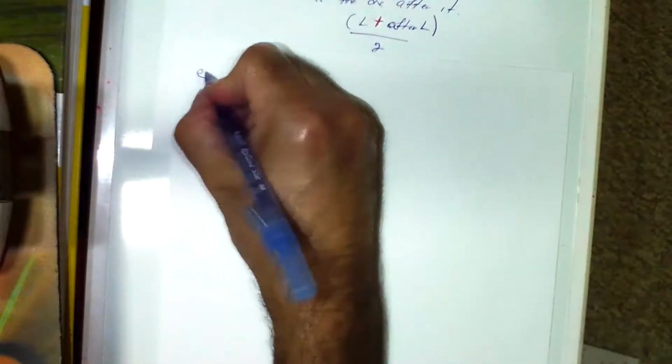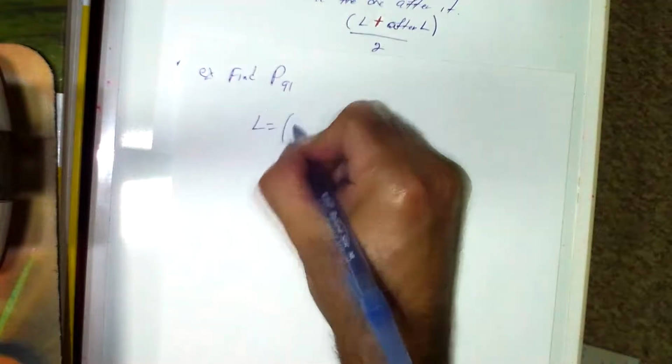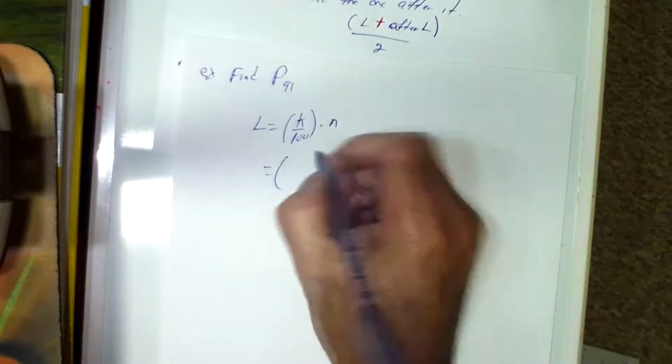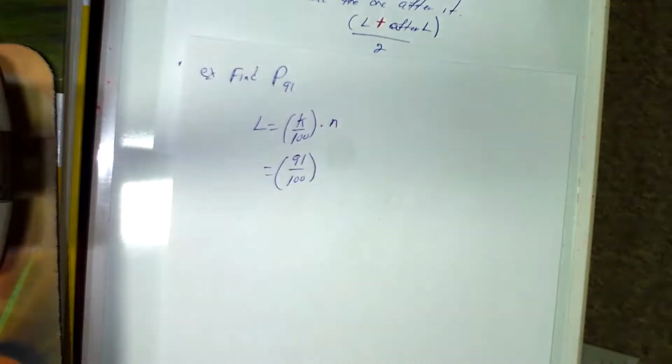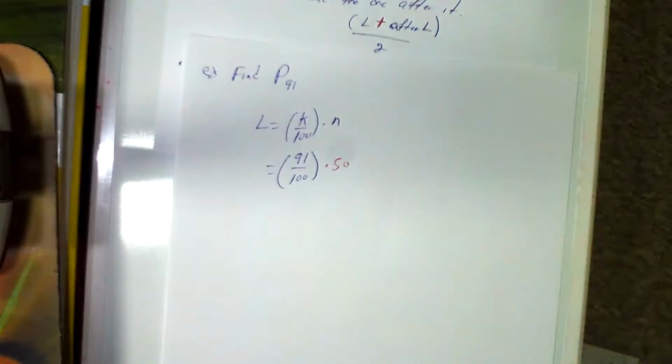All right, one more. Let's find P91. L equals K over 100 times N. By now you've probably memorized it already. 91 over 100 times 50. 50 is the total number of data values in that box.